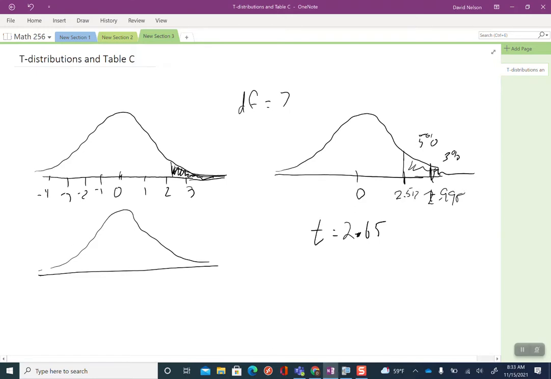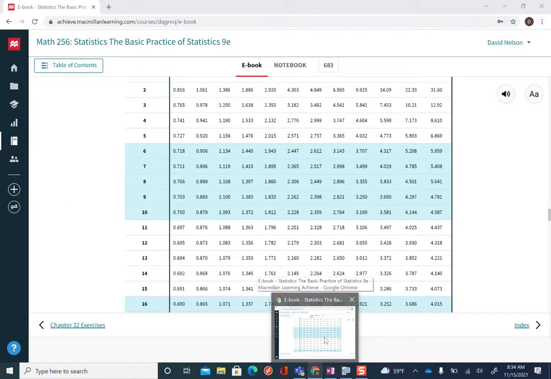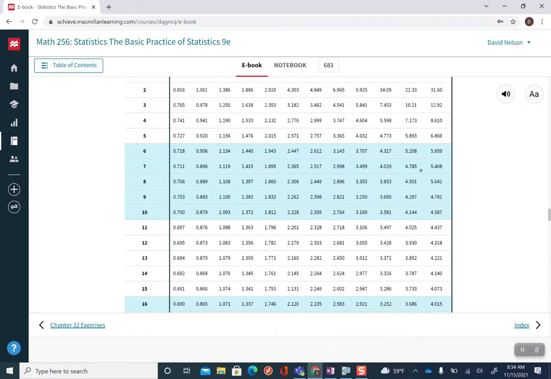I know that from 2.517 on, the area is 2%, and the area out here from 2.998 on is 1%. And so the question was, well, we came up with a t-score of 7 point something, and what happens with that? Well, if we look at the table with 7 degrees of freedom, it's off the end of the chart.